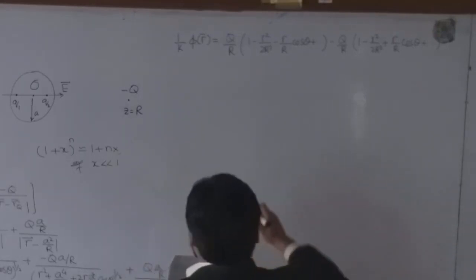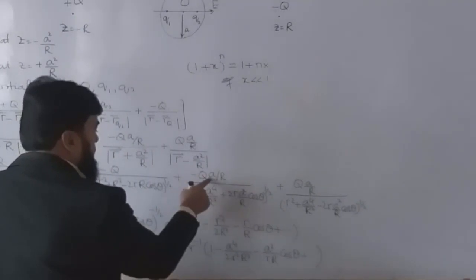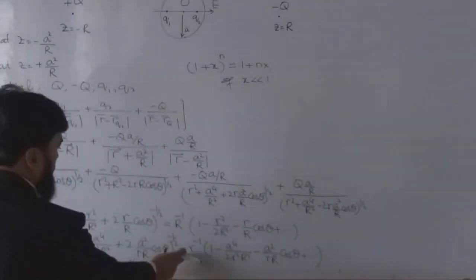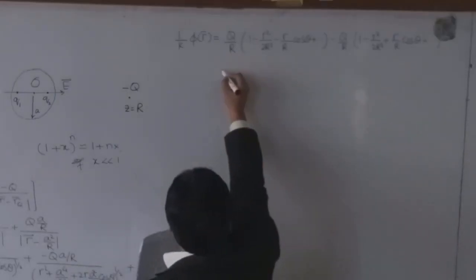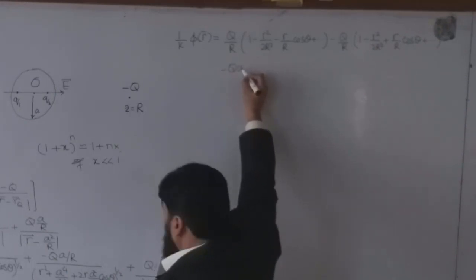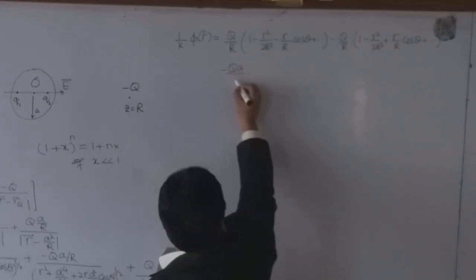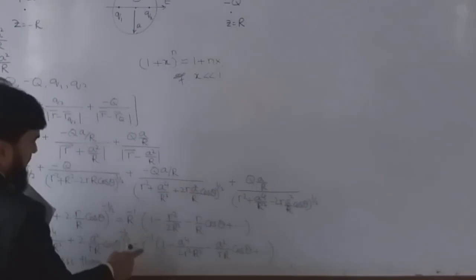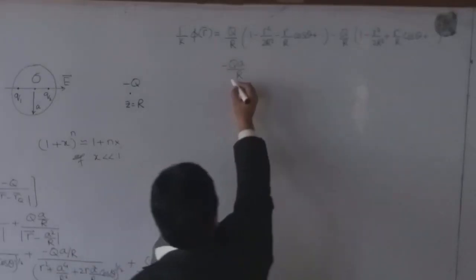Similarly, what about this one? This will become minus QA over r and r minus 1 will come under this one. So minus QA over r, and 1 over r from here because r minus 1, so it will be r here.